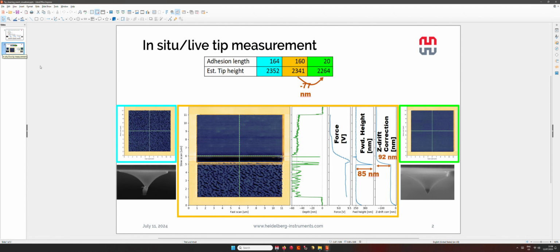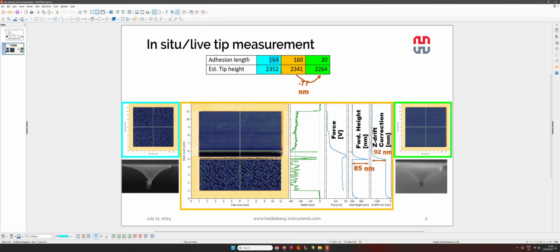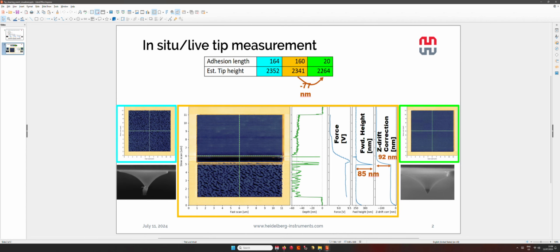And here I would also like to show you how this looks practically from the analysis whenever we are patterning and, for example, we have a cleaning event. We can see that we start patterning with the first approach, and we have these specific values of adhesion length. Then at some point, we have a cleaning event where we lose 77 nanometers in estimated tip height. So we get rid of this material that was accumulated on the tip.